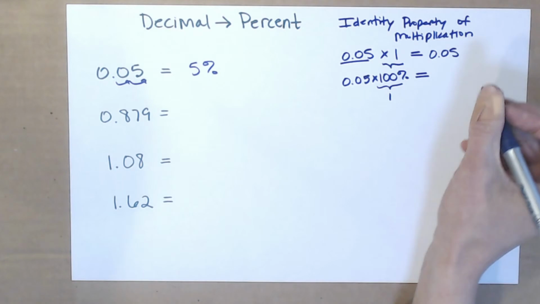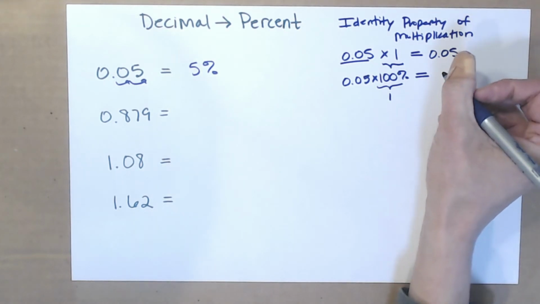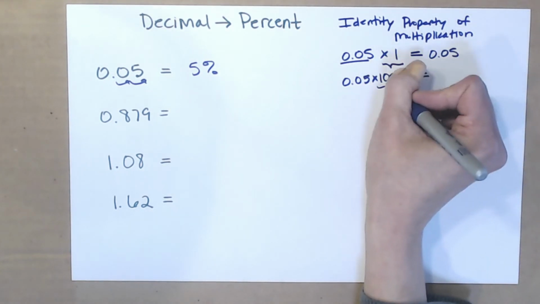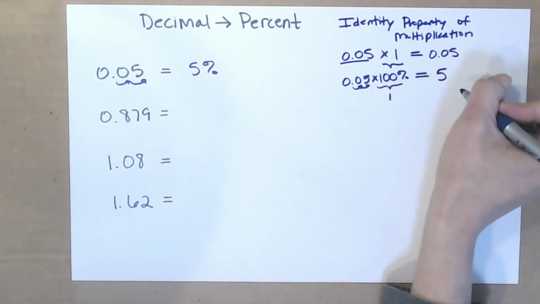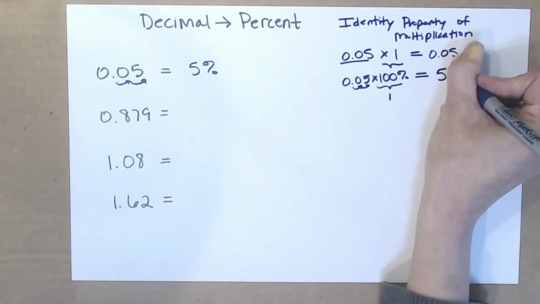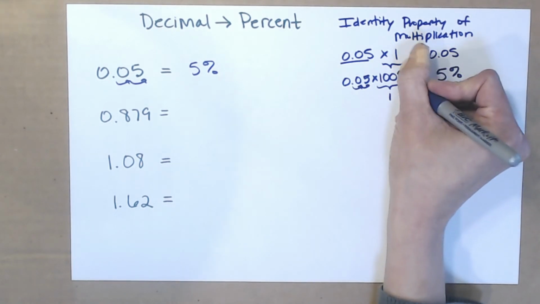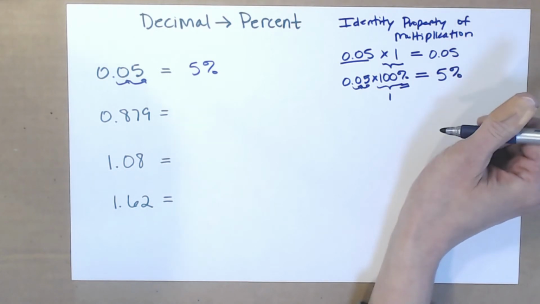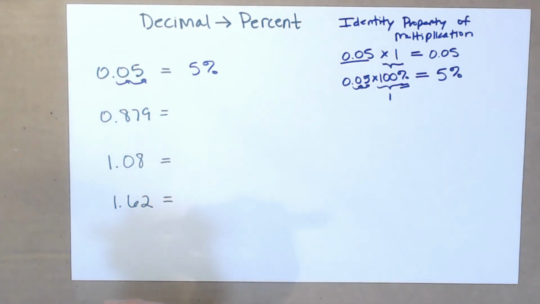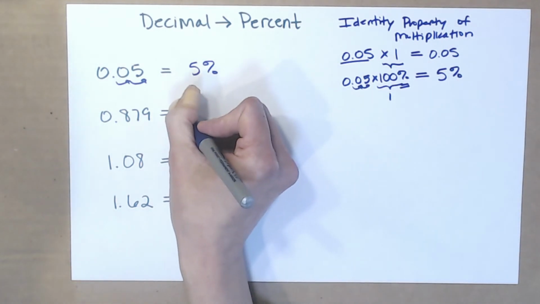It'll be in a different format, but it'll be equivalent. So when we multiply by 100, we move the decimal 2 to the right, we get 5, and now our answer is going to be percent because we are multiplying by a percentage. So we get 5%.